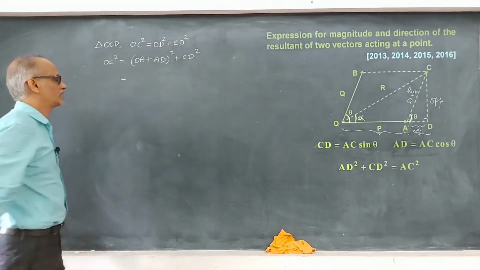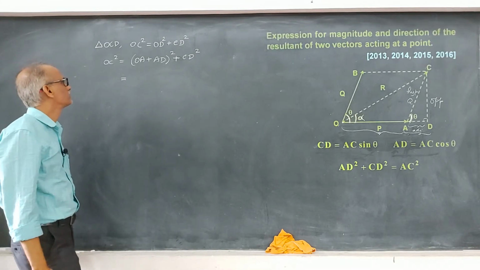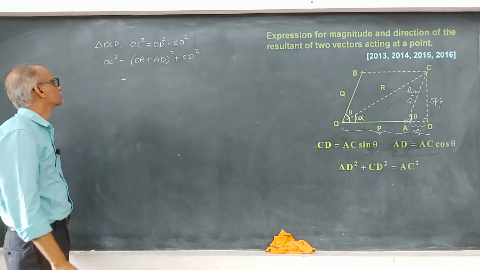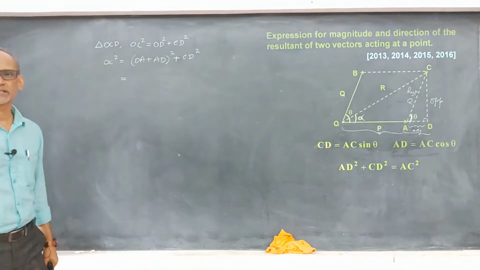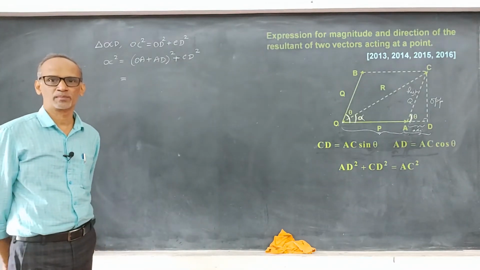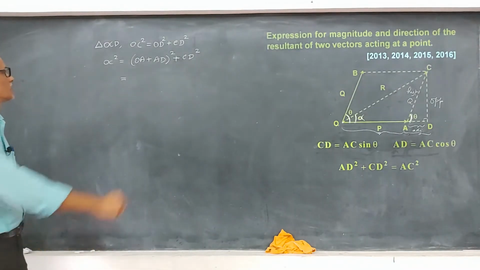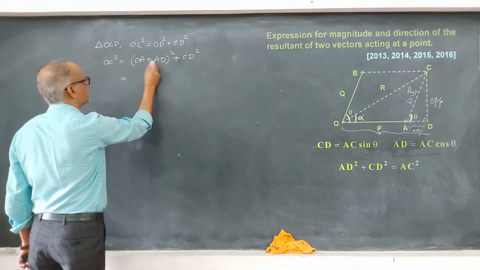All right. Now let us apply the a plus b the whole square formula for this. What is a plus b the whole square?